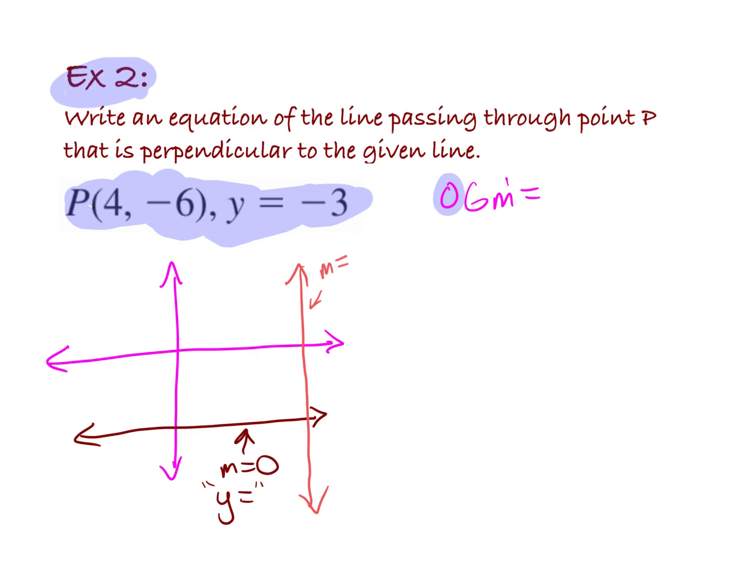What's the slope on a vertical line? Yeah, it's undefined, and it is x equals. So our OG slope is a 0 slope.